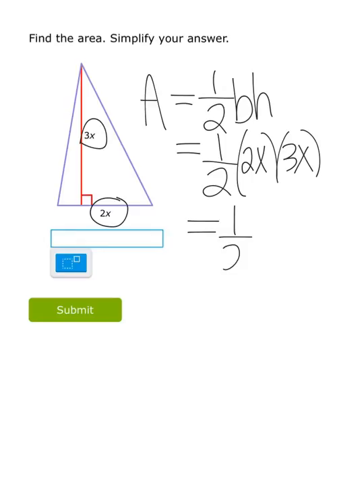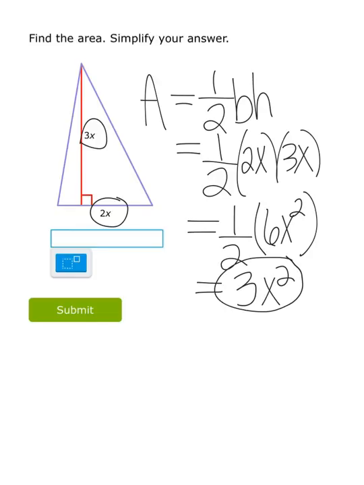Alright, I'm going to start by multiplying the 2x times the 3x. 2 times 3 would give me 6, and then x times x is x squared. Then I would just multiply the 1/2 times the 6, and I would get 3x squared. Okay, next example.